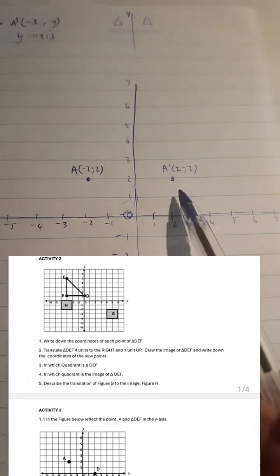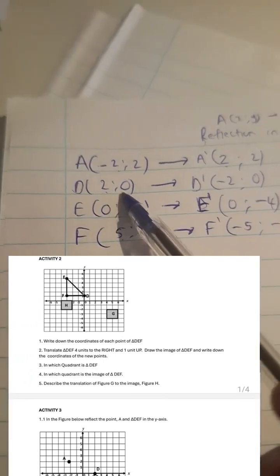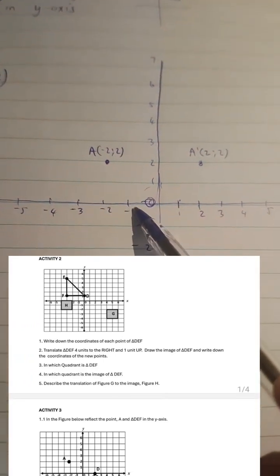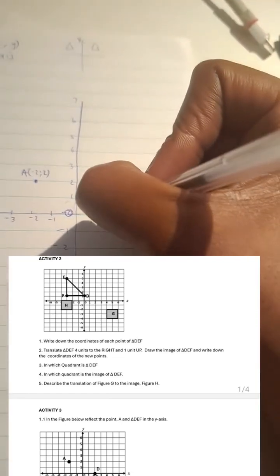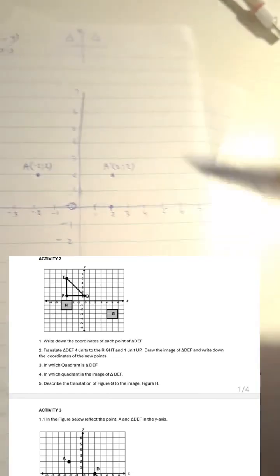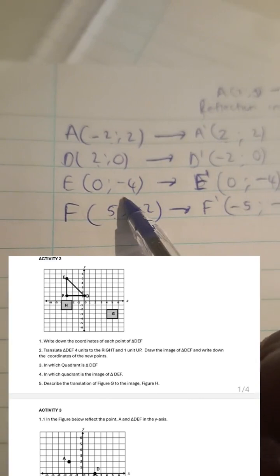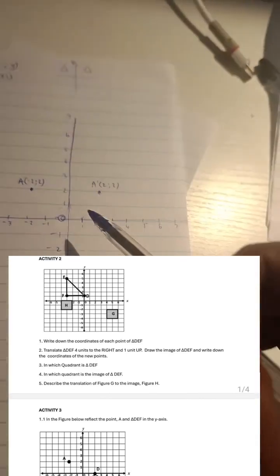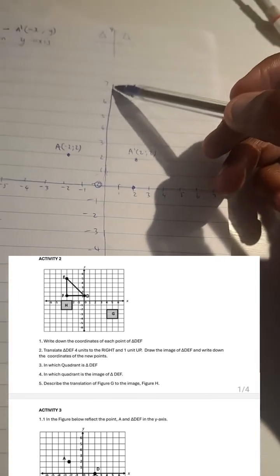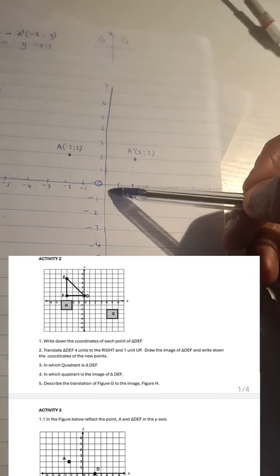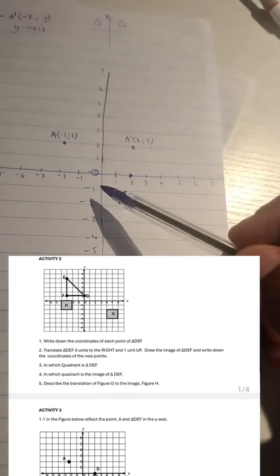Okay. Then D, 2 and 0. D, where x is 2, and y is 0. We are still here. Okay. E, 0 and -4. E, where x is equal to 0, is everywhere on this vertical line, the y-axis. Negative 4 of y is here, everywhere on this horizontal line.